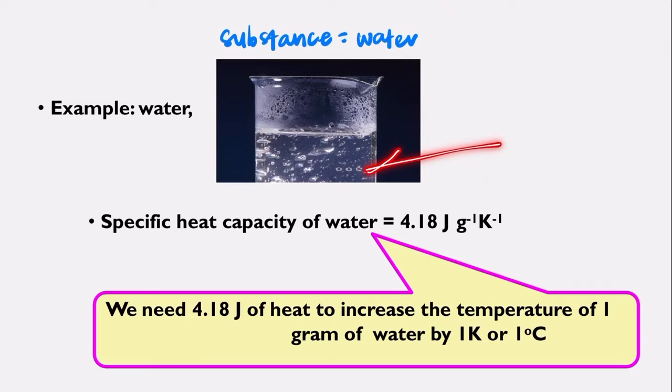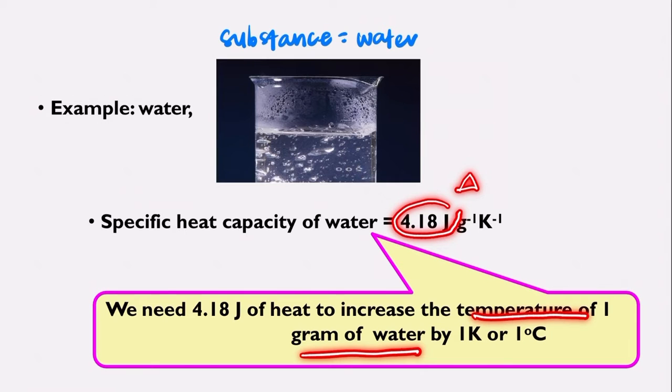For water, the specific heat capacity of water is 4.18 joule per gram per Kelvin. So this means that we need 4.18 joule of heat to increase the temperature of 1 gram of water by 1 Kelvin or 1 degree Celsius.